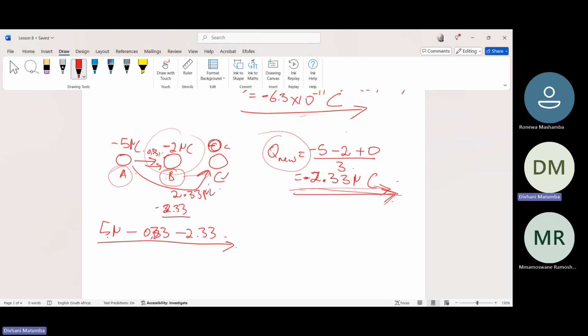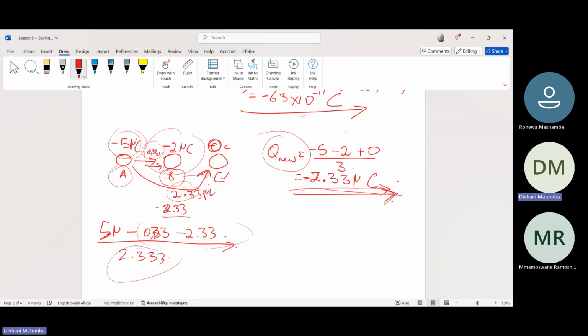Negative 5 minus these two. Yeah, actually, I just want to check how many microcoulombs we are left with after. Yes, these two are gone. 2.34. It's basically 2.33.